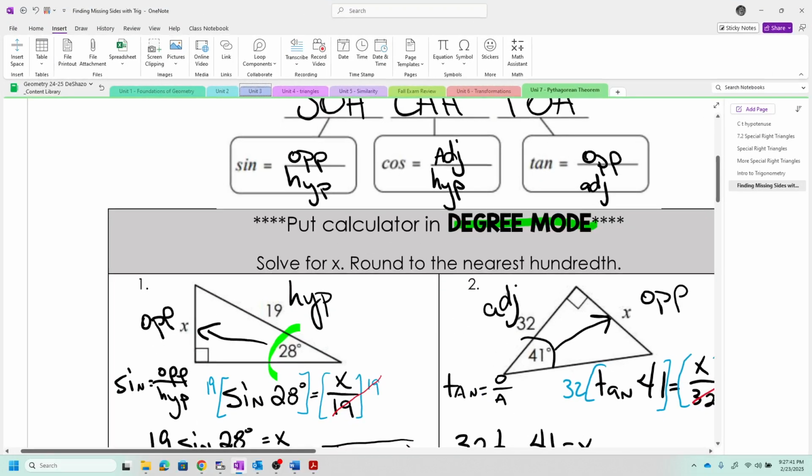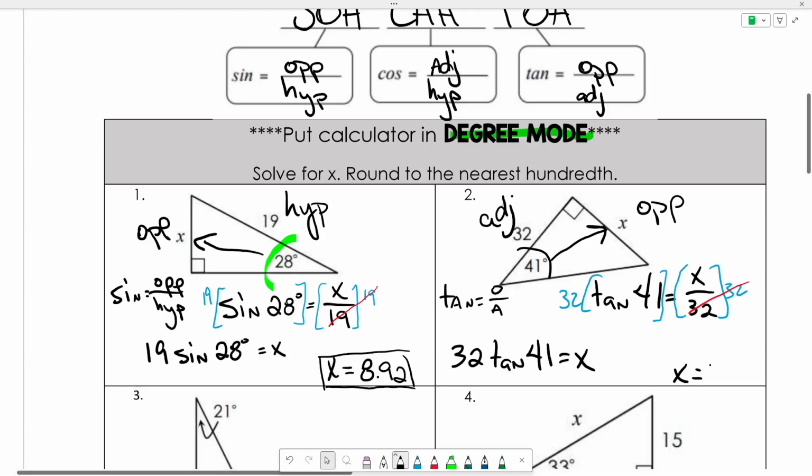So going back here, 27.82 is our missing side.